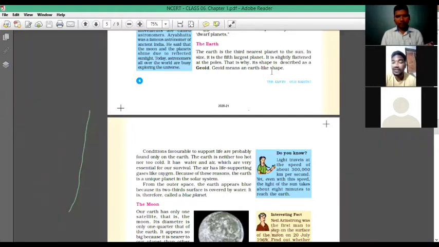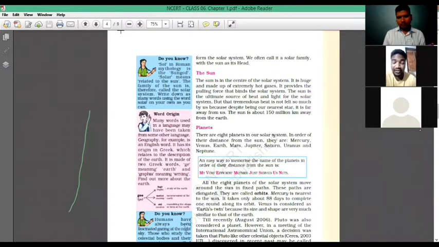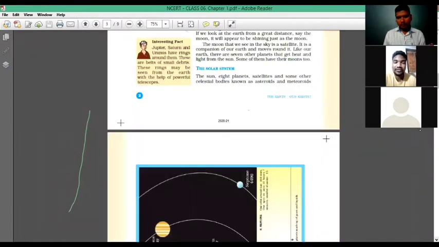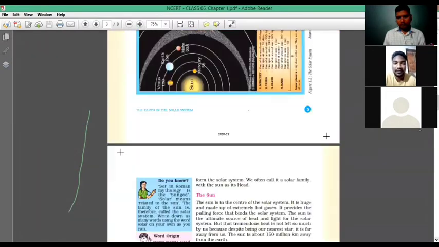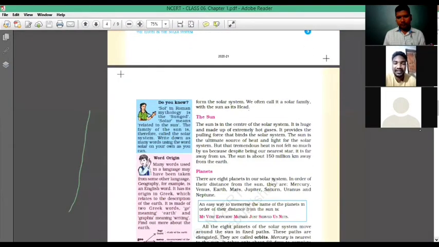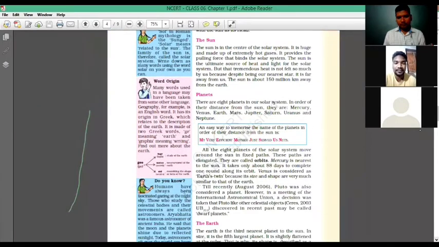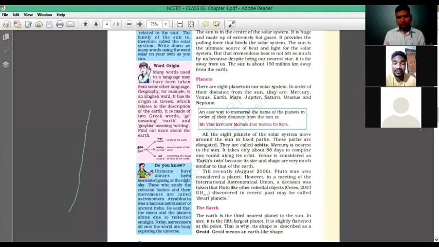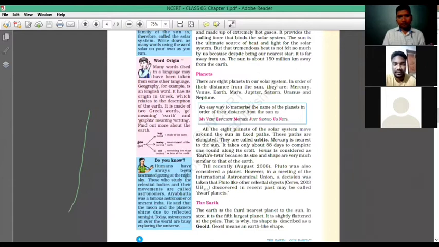It is not circular. It has its own type of shape. This is also a very important point. You should write it, and this question will come in your exams.